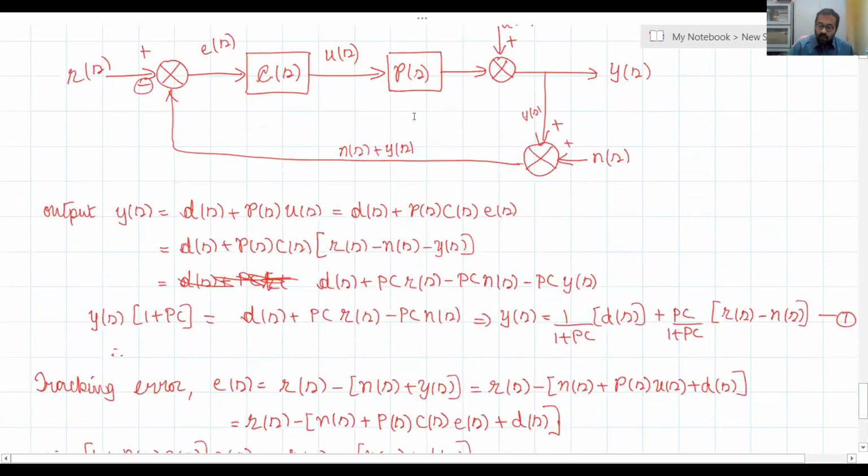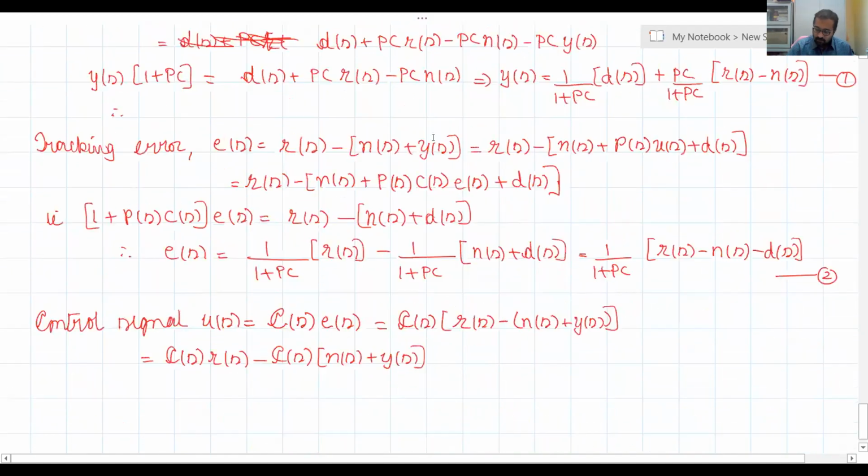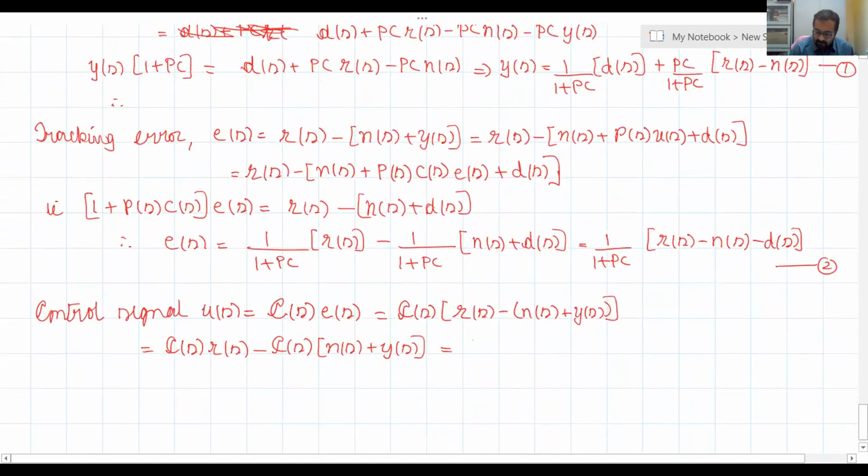And what is Y of S? Y of S is nothing but D of S disturbance plus P of S into U. So I can write this as C of S into R of S minus C of S into N of S plus what? D of S plus P of S into U of S. Fine.